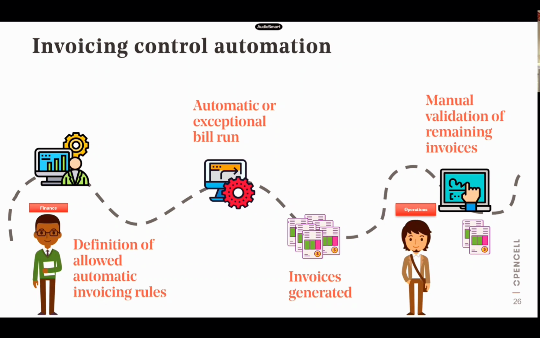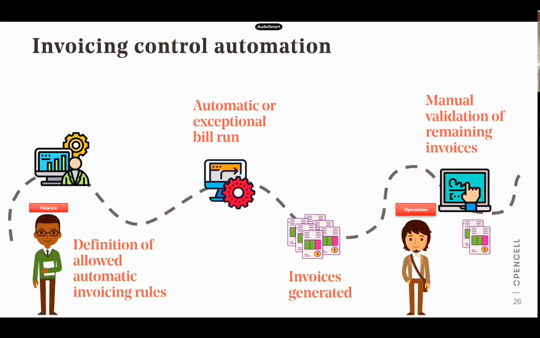First of all, we have the finance guy who will decide the rules to implement to manage the risk. These rules will be implemented in Opencell through our portal interface. Then they will be used by the operation guy when he runs the billing runs and generates the invoices automatically.